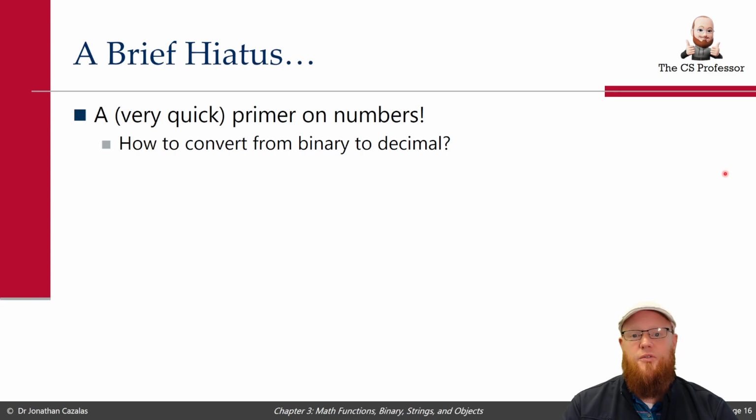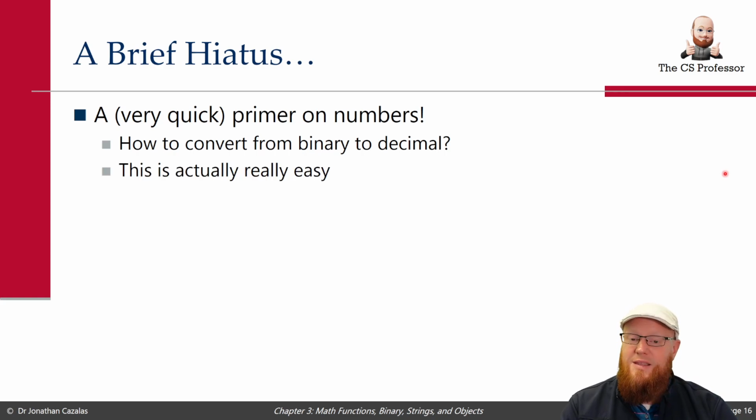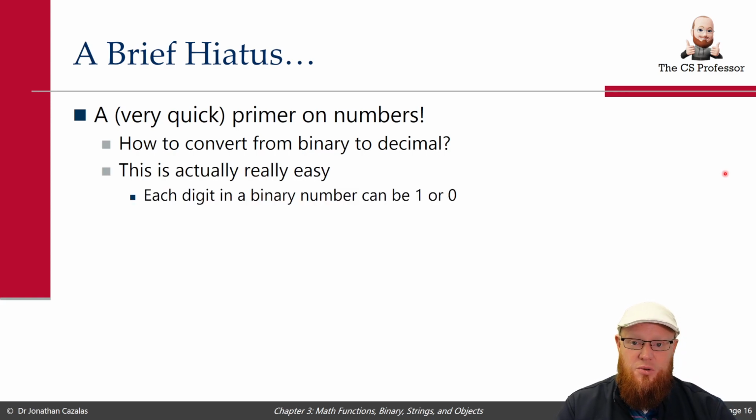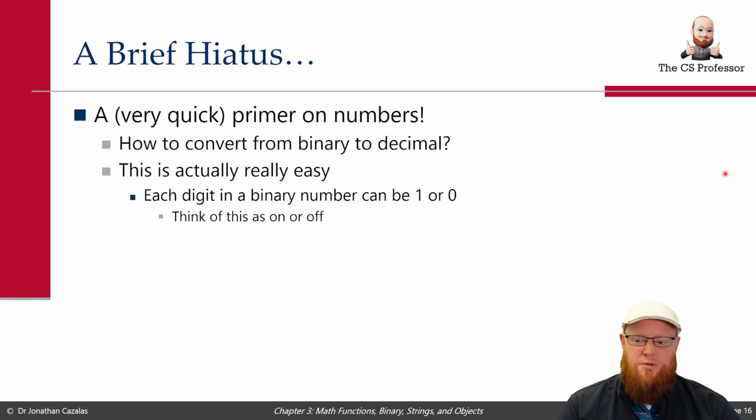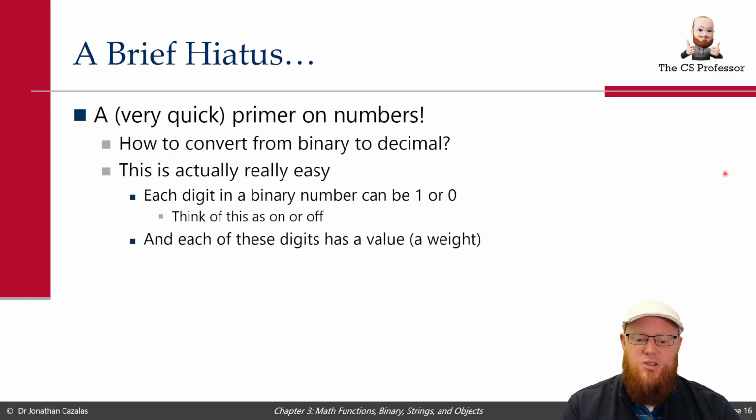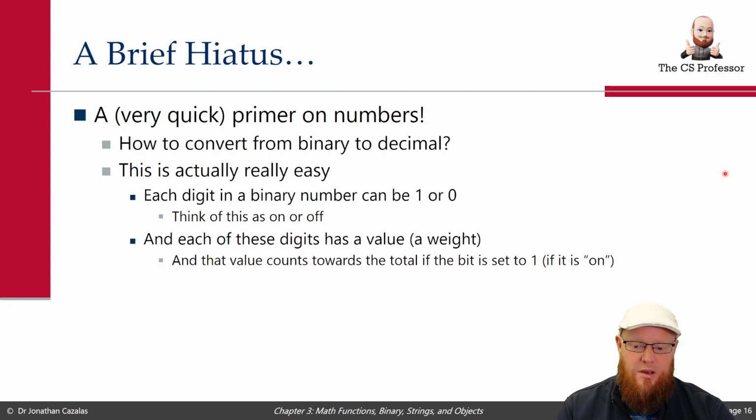So how do we convert from binary to decimal? This is actually pretty easy to do. Each digit in binary can be either a 1 or a 0. Think of this, as I said, as on or off. And each of these digits has a value based on its placement within a particular binary number.